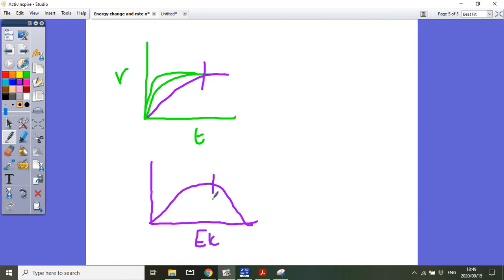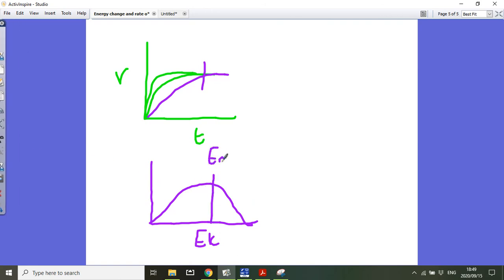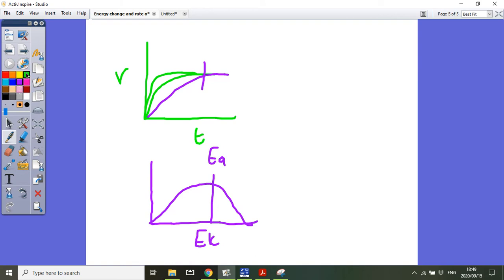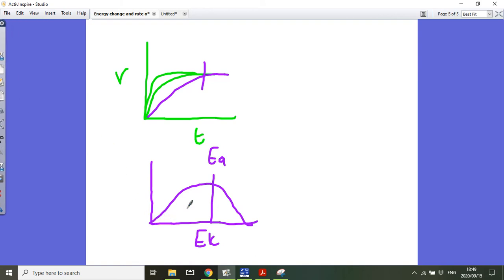So if my activation energy was there, and it stays there because I didn't change that, all I changed was I heated up the particles. So these particles that were here now have more kinetic energy. So more particles are going to be on this side. And if more particles are on this side, then it's a faster rate.